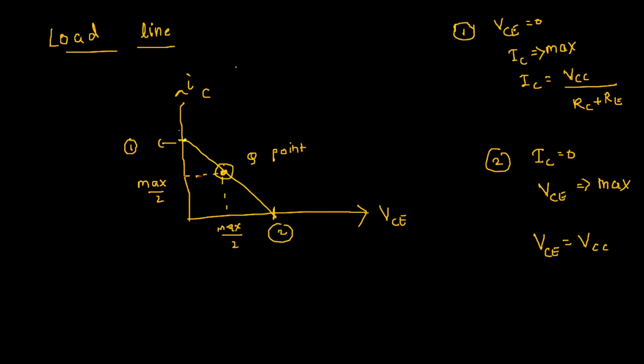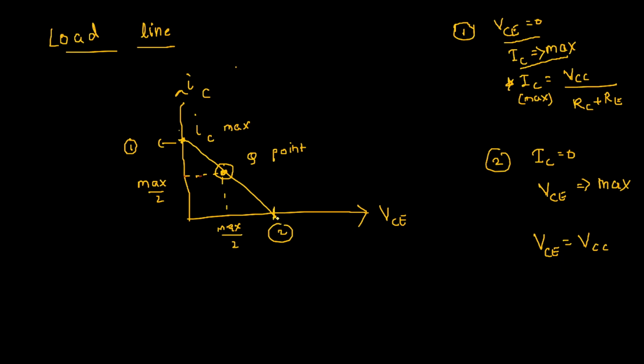The y-intercept of the load line is where your IC is maximum, like you can see. And since it's cutting the y-axis, it means whatever your x coordinates, that is equal to 0. So when your collector current is maximum, your VCE is equal to 0. And at this point, collector current is given by the formula VCC by RC plus RE. So this is the maximum value of collector current.